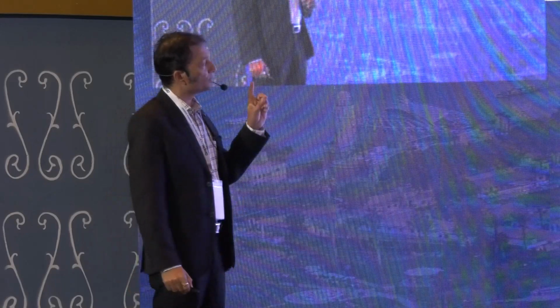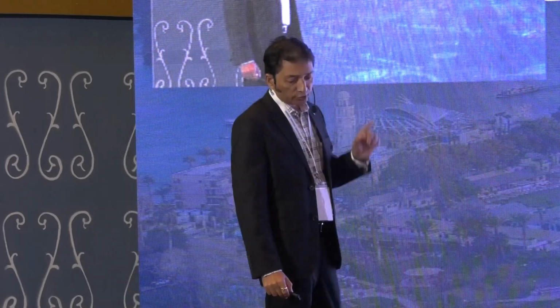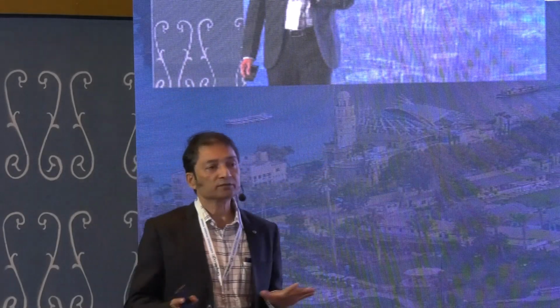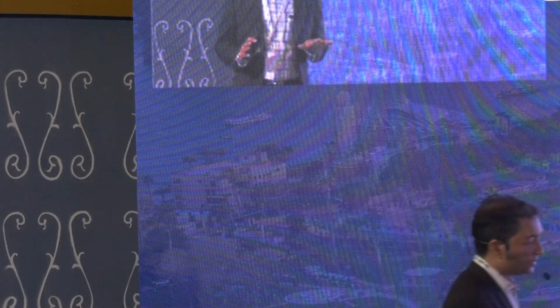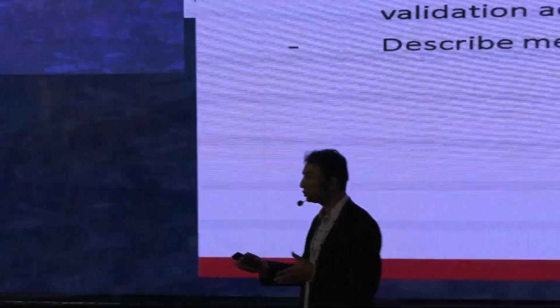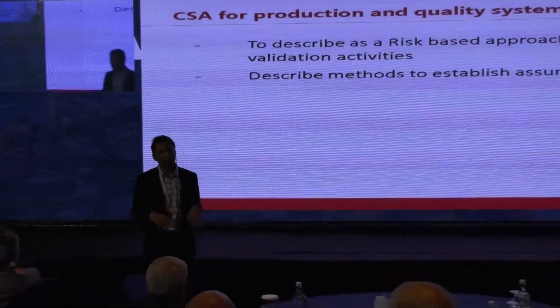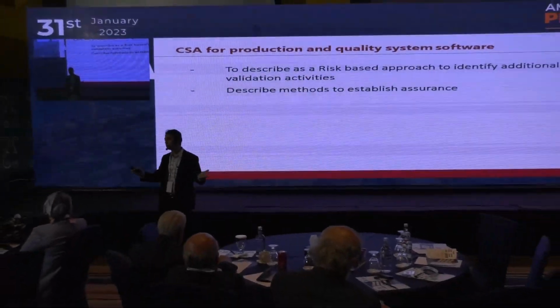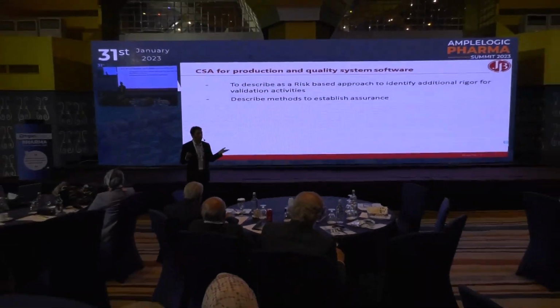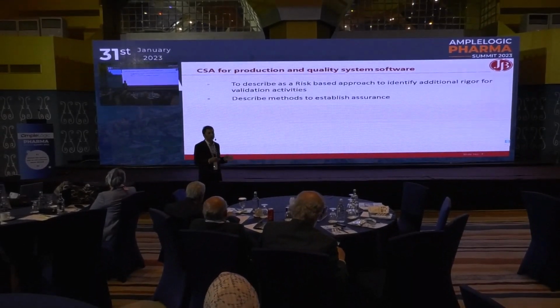Second part, not related to software, but it is related to a product which I handle. With your permission, I will just share that example. And I hope most of the folks here are from pharma industry, so they can relate with that example.